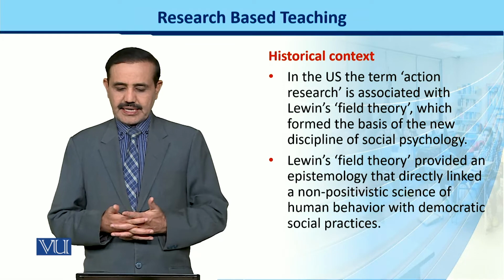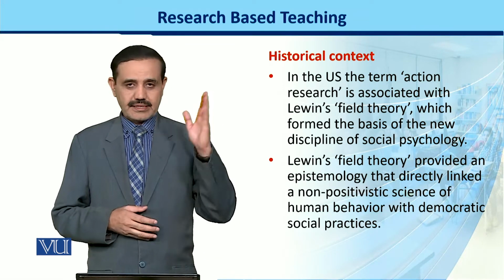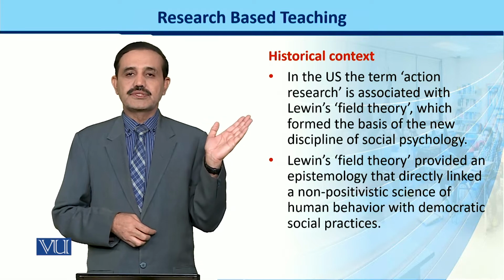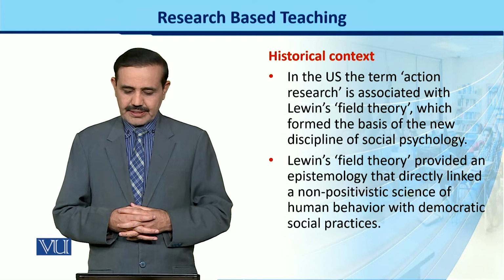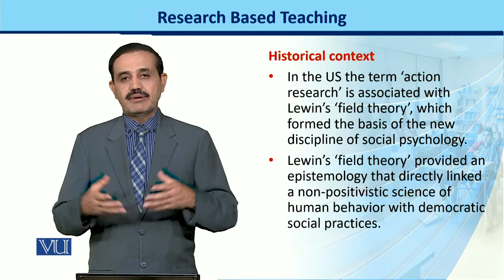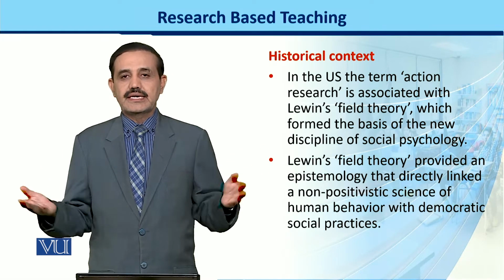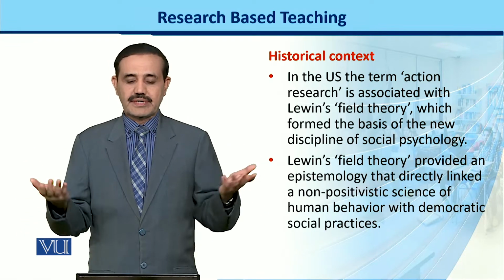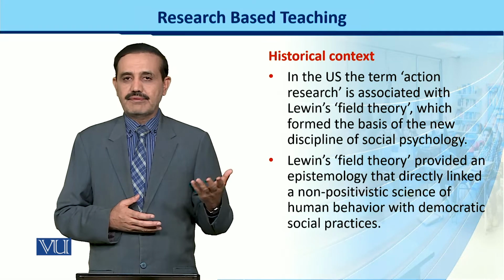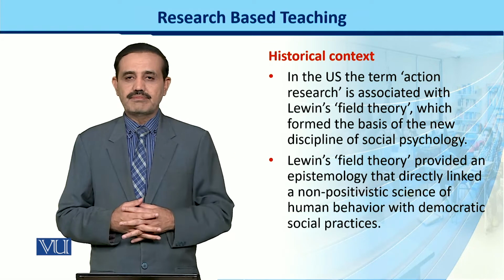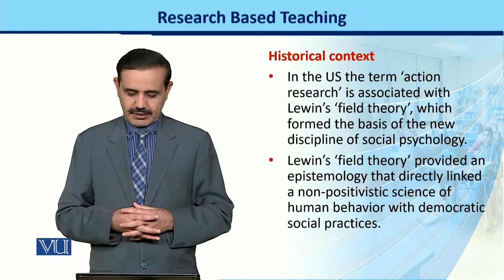The action research introduced in the UK in the 1940s was based on Lewin's field theory. Field theory is one of the theories for research, and Lewin's theory basically formed the basis of social psychology.